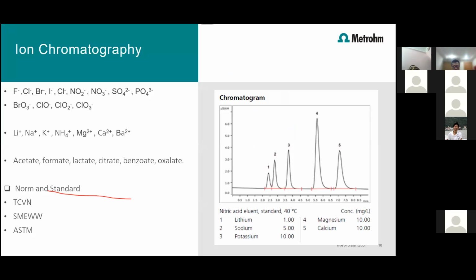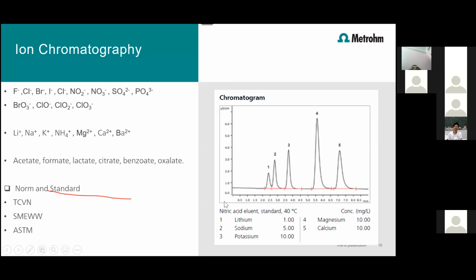So this is the general total of ions that the method can determine. And on the right, you can see the chromatograms of the ion chromatography. This indicates which ions can be determined and how much they have in the sample.